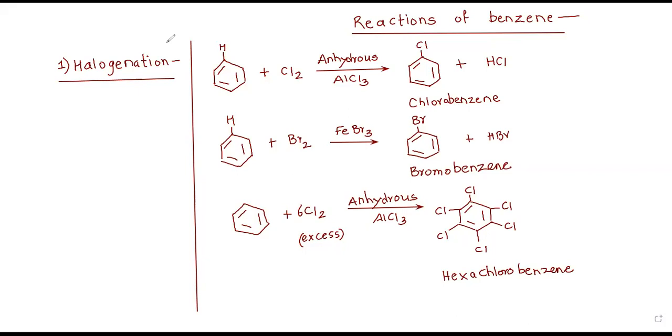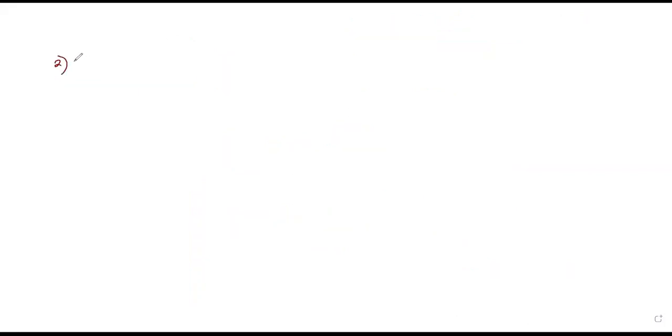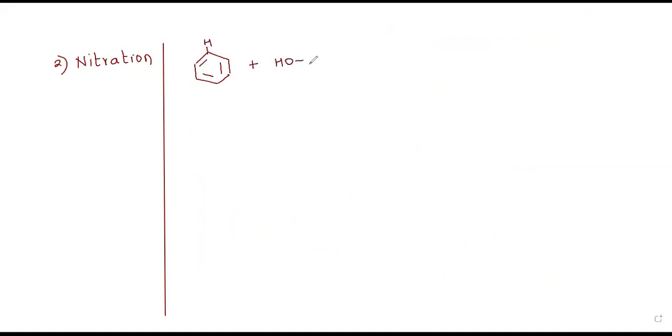Let us come to the second reaction set, which is called nitration. In the nitration reaction, we are going to introduce a nitro group. This is benzene with a hydrogen here. Now we are going to take nitric acid. Look at the way I have written nitric acid. You know, nitric acid is HNO3.